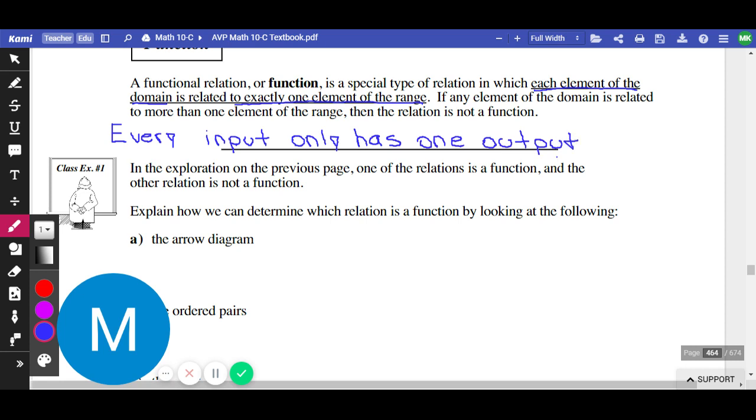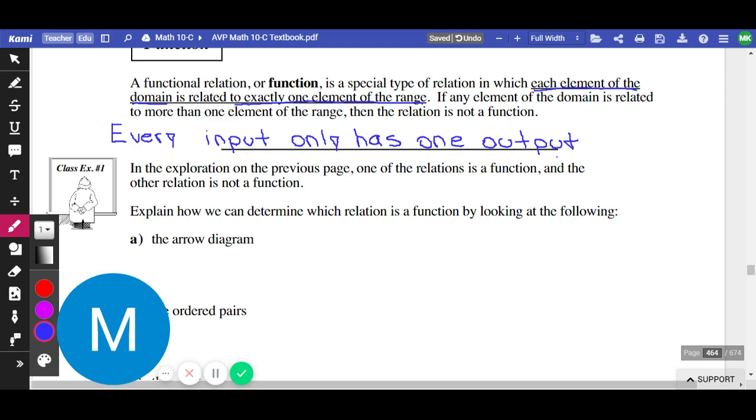That's what makes a relation a function, if it follows this rule. So every input has exactly one output. What that means, if I say, hey, the input's 2, you should be able to look at your thing and be like, that means the output is 6. It doesn't mean the output could be 6 or 3 or 1.